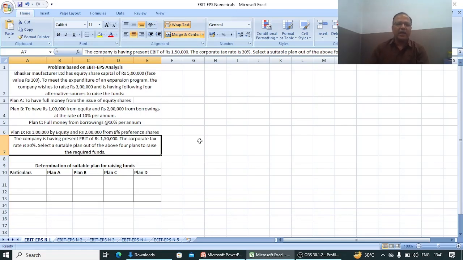I am repeating again. In this problem, Bhaskar Manufacture Limited had rupees 5 lakh equity capital and it needs rupees 3 lakh, and whenever it had to collect rupees 3 lakh, it had four plans. Plan A, it collected rupees 3 lakh by issue of equity. Plan B, it collected by equity and borrowing at the rate of 10%.